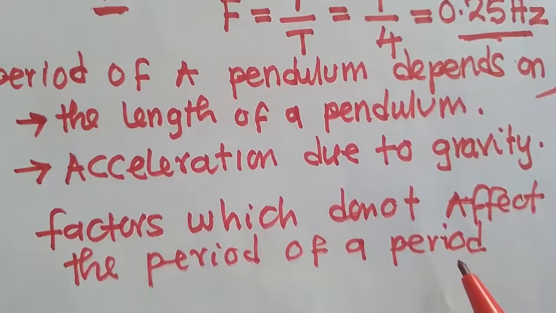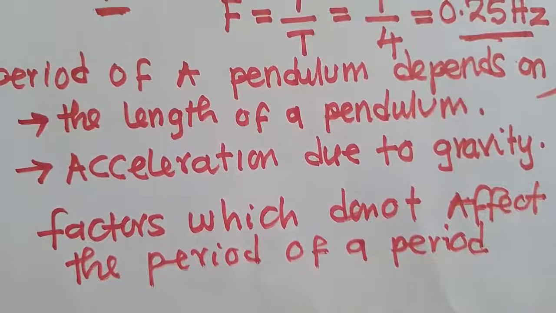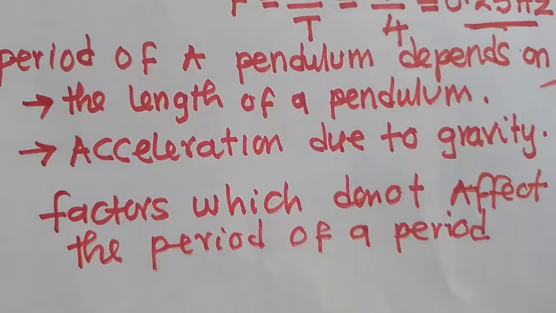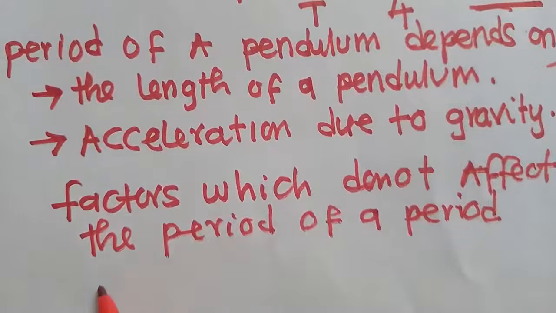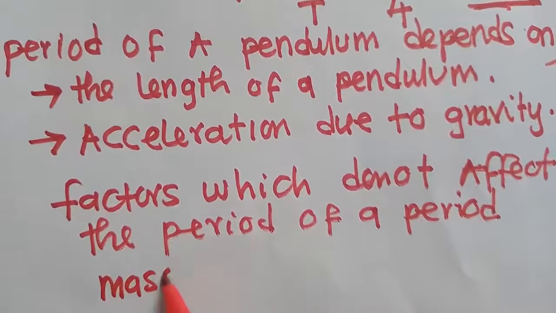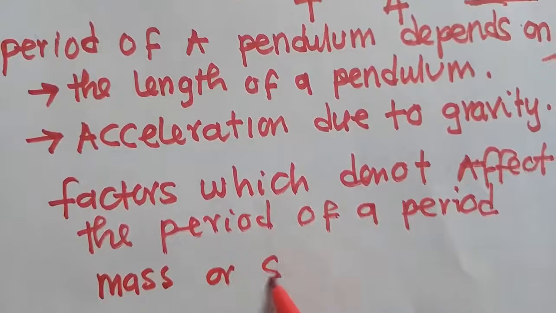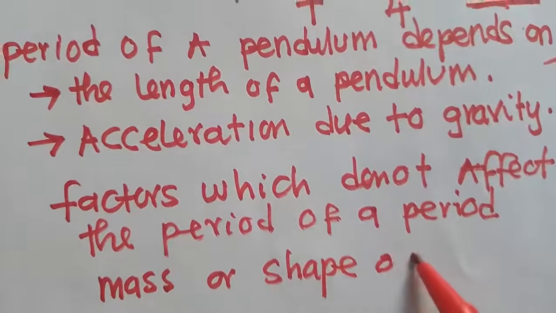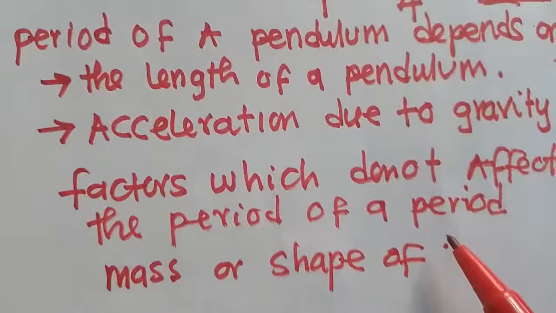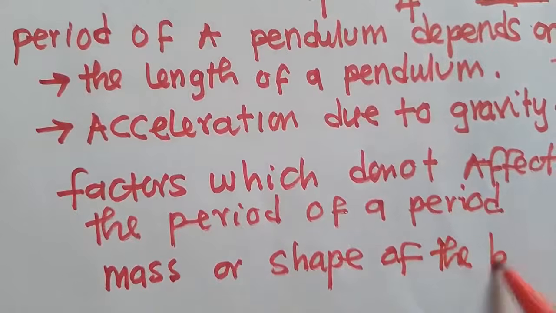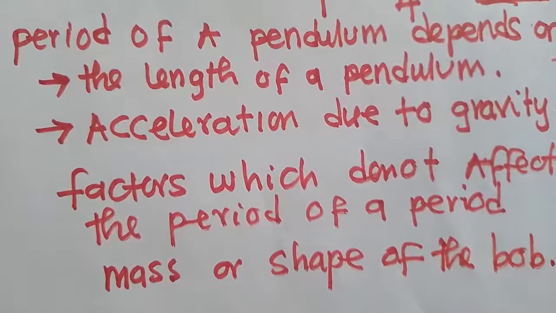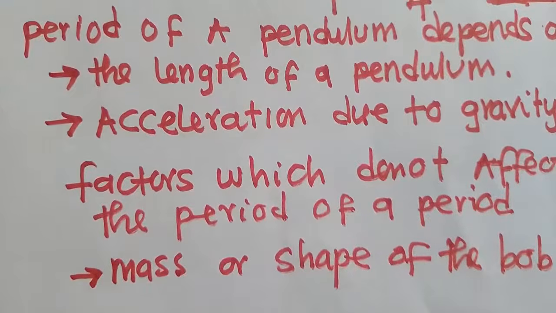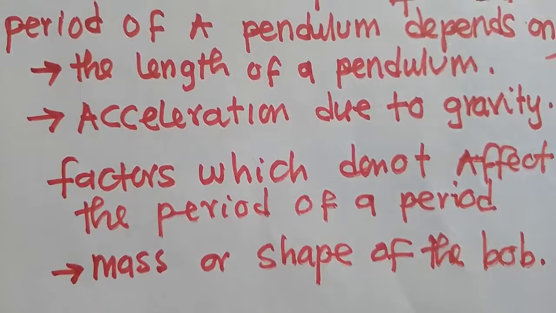One is the mass or shape of the bob. This is a factor which will not affect the period of a pendulum.